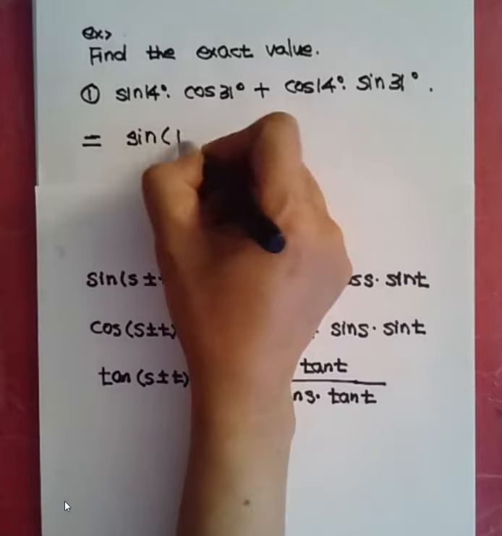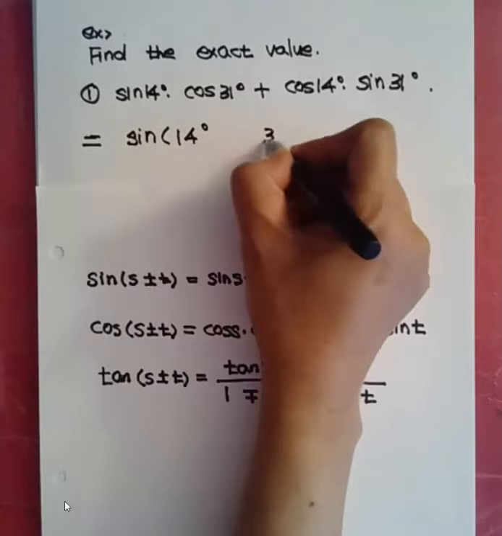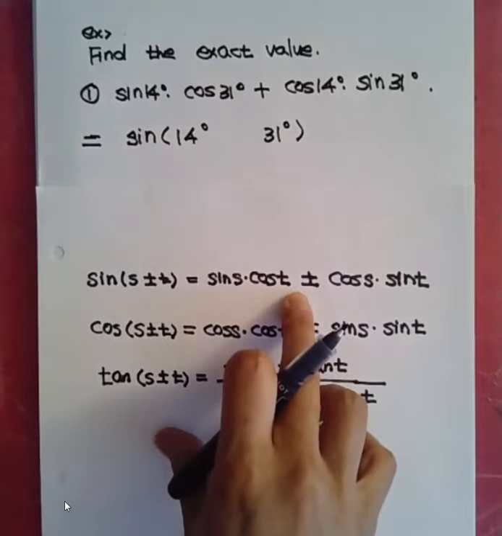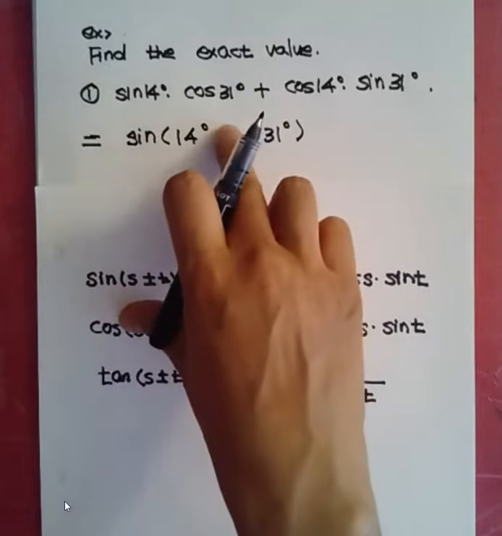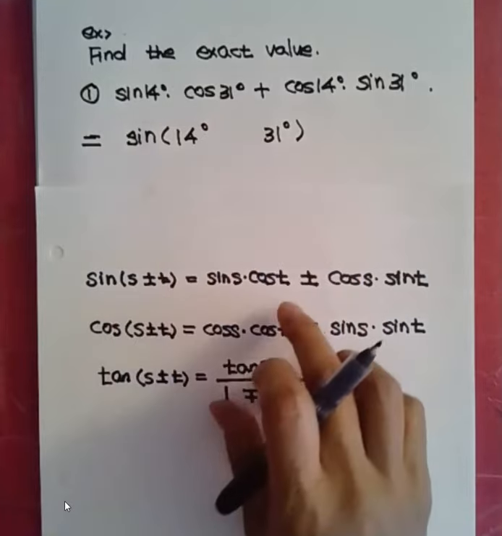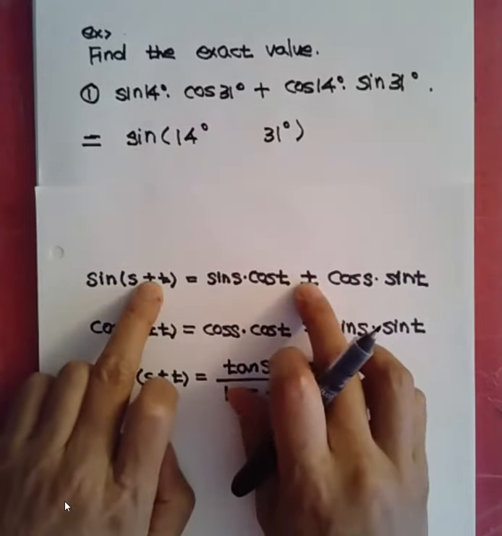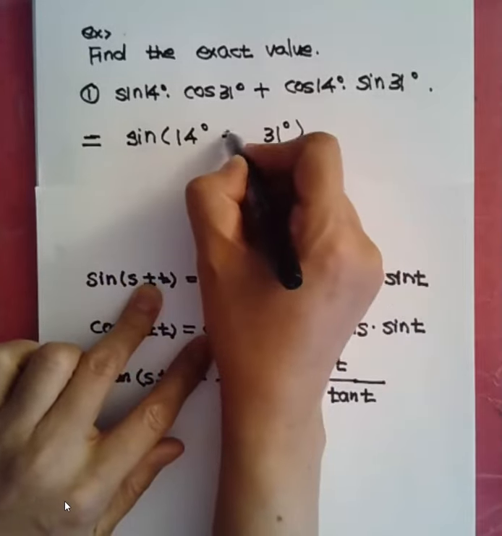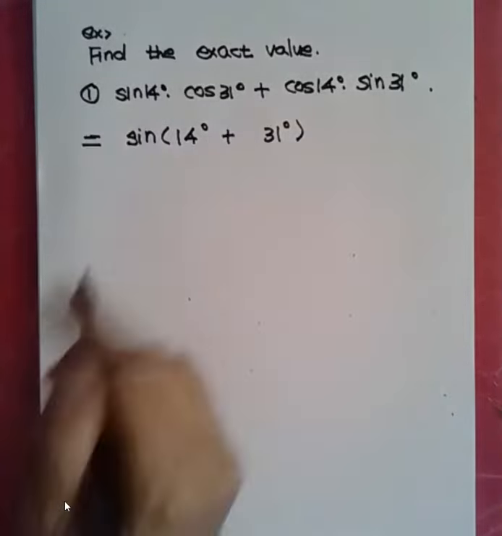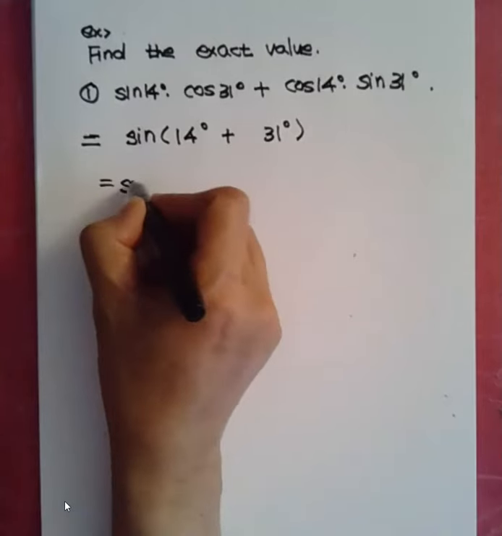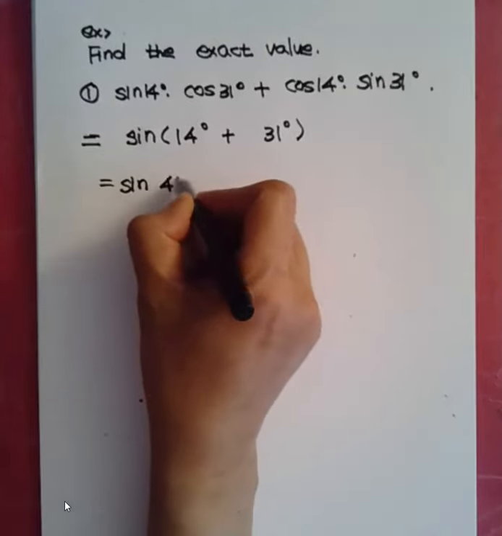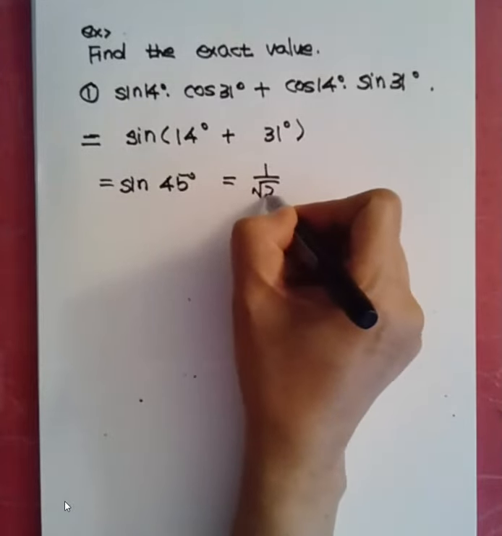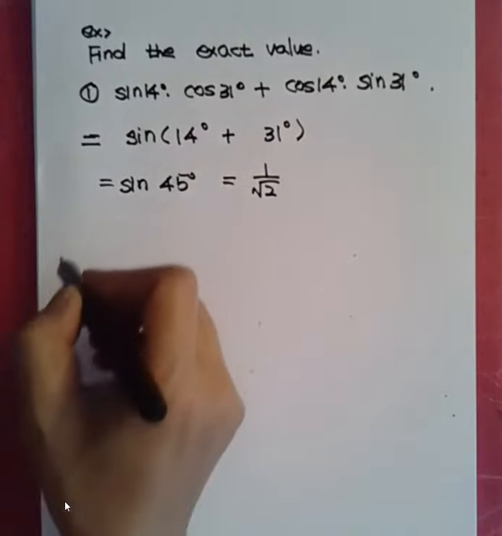Then angle 14 and 31 is combined. Then we have to think about whether we connect that with plus or minus. As you can see, the formula goes plus to plus, so we will combine those two angles with plus. So that is sine of 45 degree. That is 1 over square root of 2 or square root of 2 over 2.